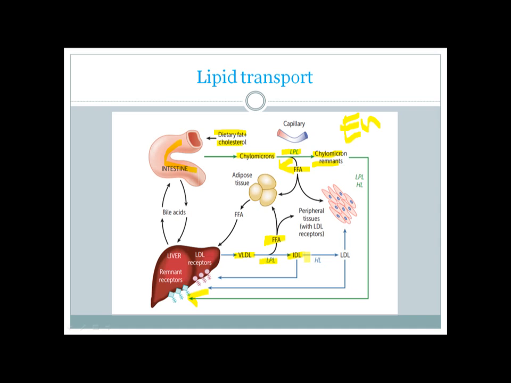IDL still has the ApoE and ApoC2, and it will give them back to the HDL, and then it becomes the LDL. So LDL is only left with ApoB100 and some cholesterol and cholesterol ester. This LDL has two fates: it can go either to the tissues or to the liver. So this is the basic metabolism of the lipoproteins.